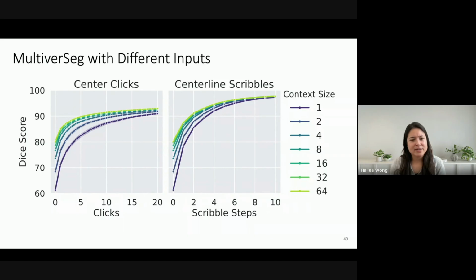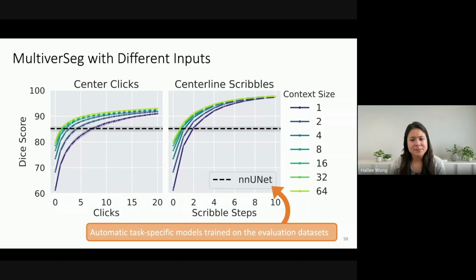Another interesting question that we explored is how these interactive models compare to fully automatic models. To answer this, we trained several hundred fully automatic models on our evaluation data, using all of the data that we had available, using nnU-Net, which is a popular AutoML pipeline for medical image segmentation.